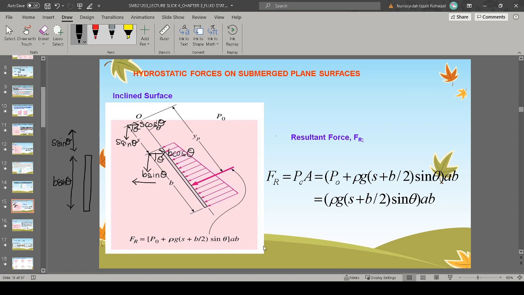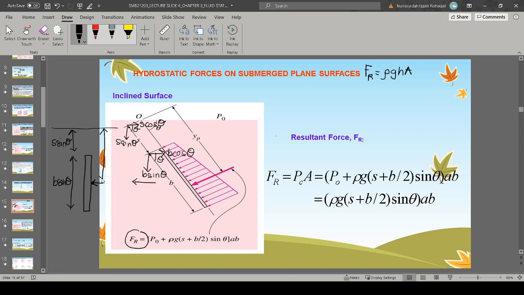Okay, so we got that now, and then we want to find this formula. To get the hydrostatic forces, we know that our formula is rho g h A. So our h here should be from the center of the plate to the top surface of the water.